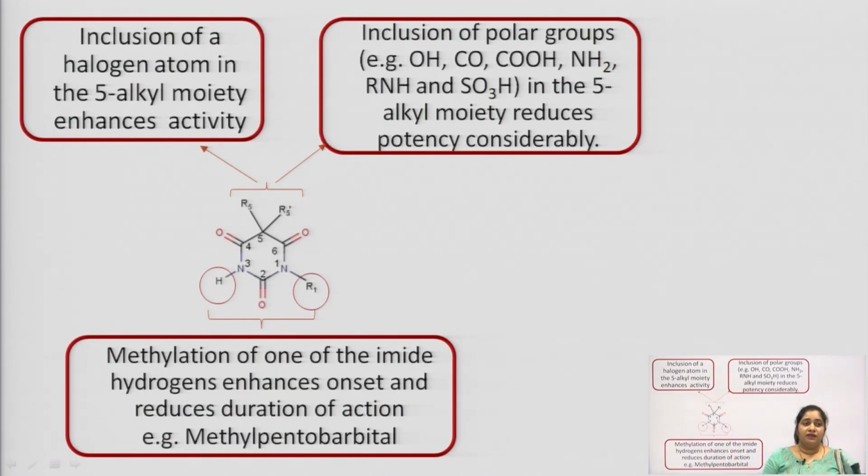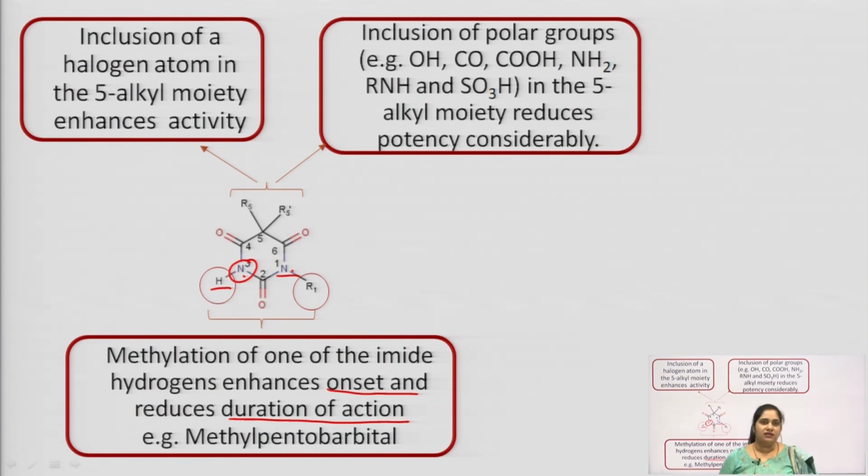Further, when we discuss the substitution at the nitrogen atom, methylation of one nitrogen atom, either at this position or at this position, enhances the onset and reduces the duration of action.